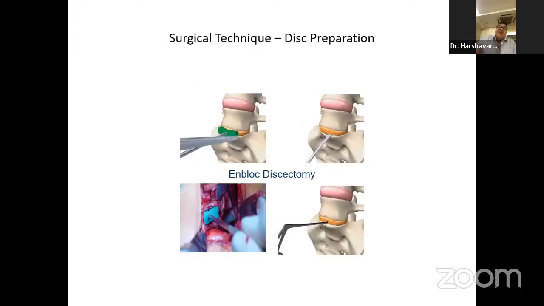So the surgical technique, one need not go into the details, is rather simple. You do an en bloc discectomy. It's done from the front, so you take a Pfannenstiel kind of incision in the lower part of the abdomen. Once you've done that, you localize the levels.